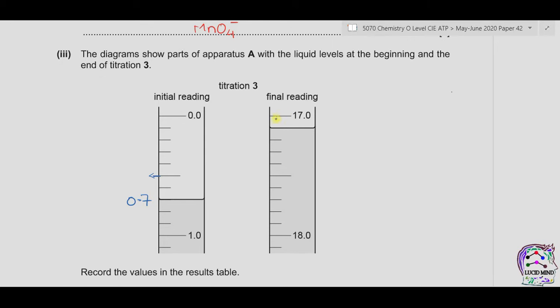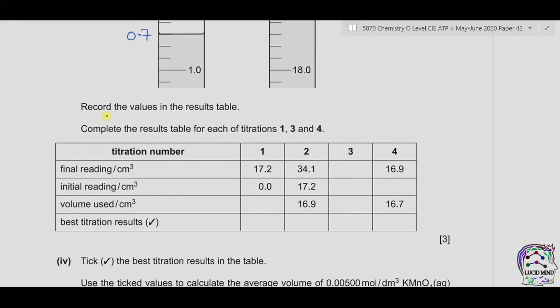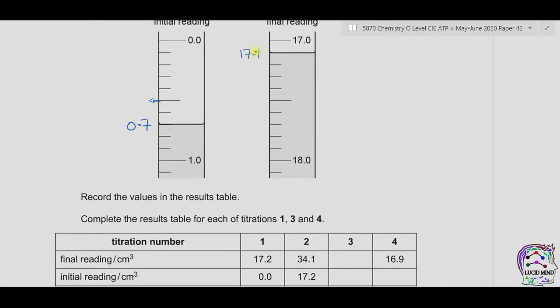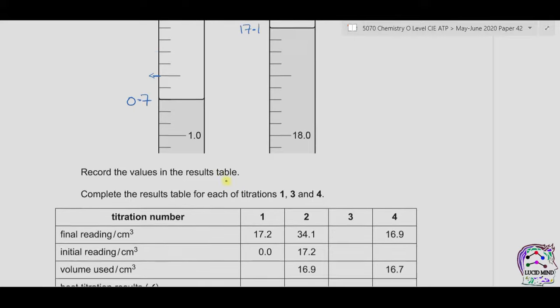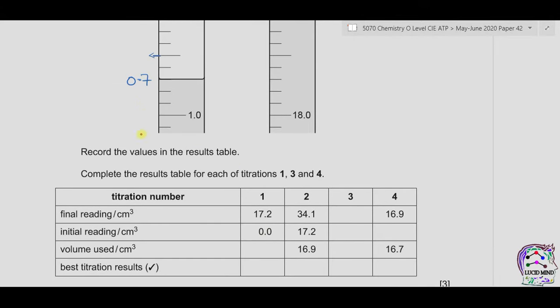And in final reading we can see that it is 17.1. Record the values in the results table. Complete the results table for each titration 1, 3 and 4. In titration 3 we have final reading as 17.1 and initial reading as 0.7. So in place of final reading we can write 17.1 and initial reading is 0.7.